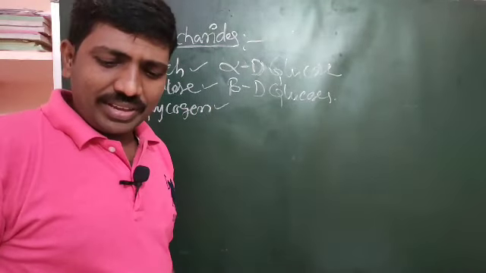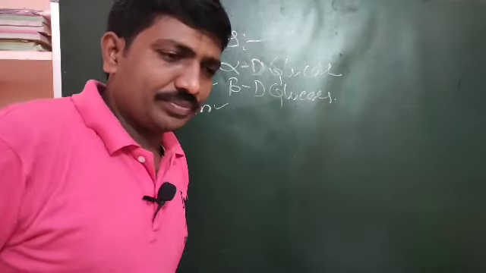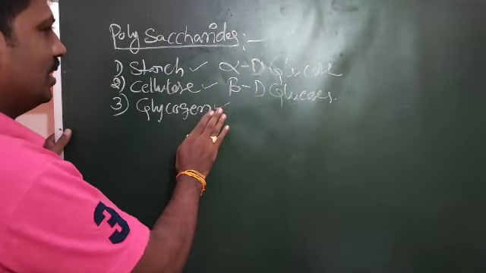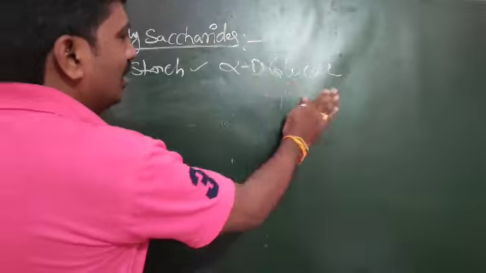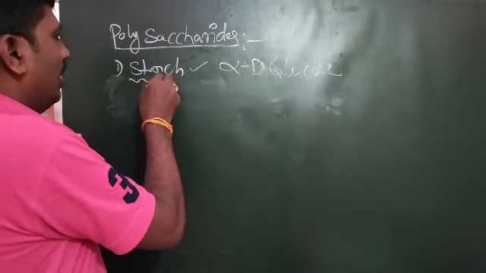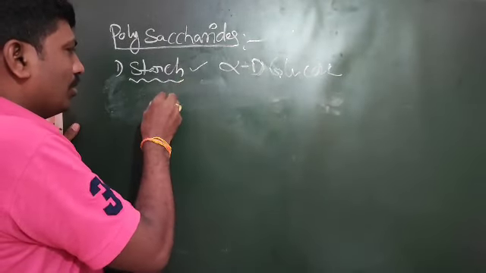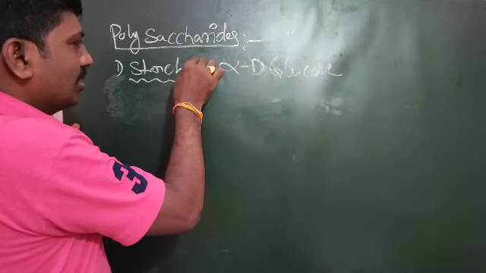So starch has two components. Starch is a polysaccharide, and it contains two different components.